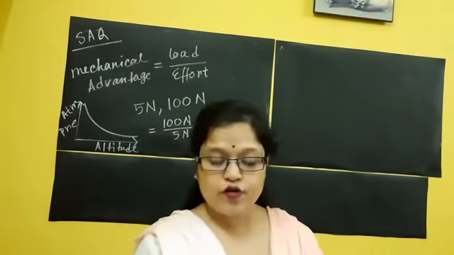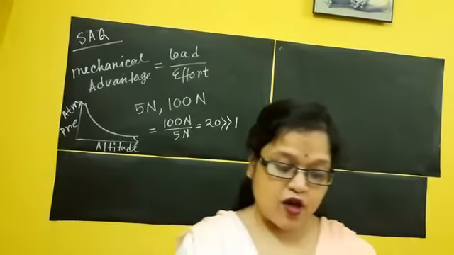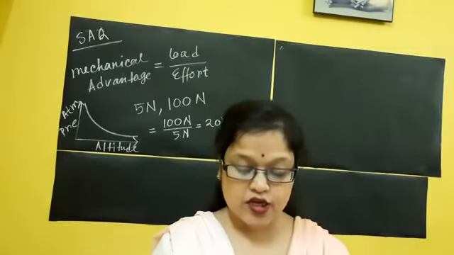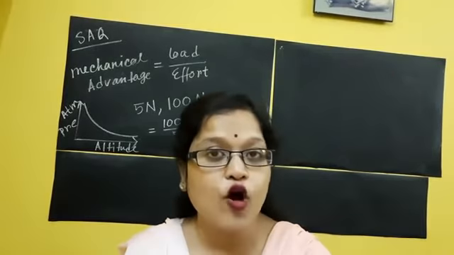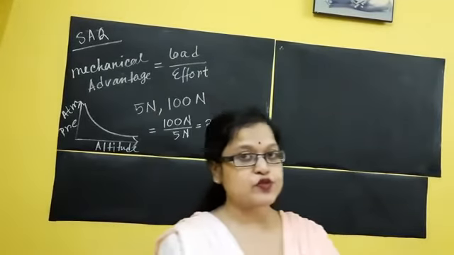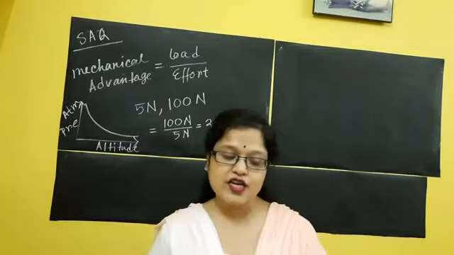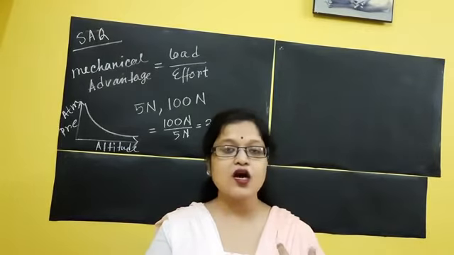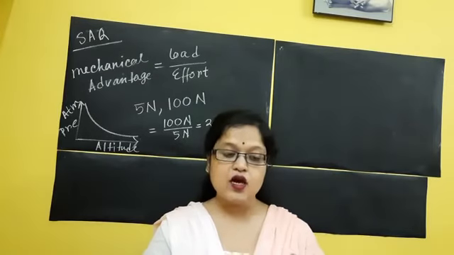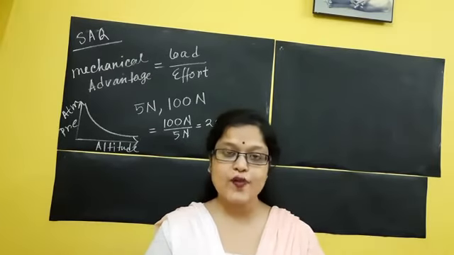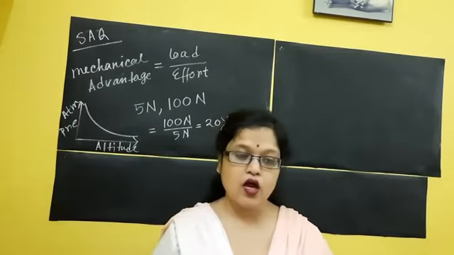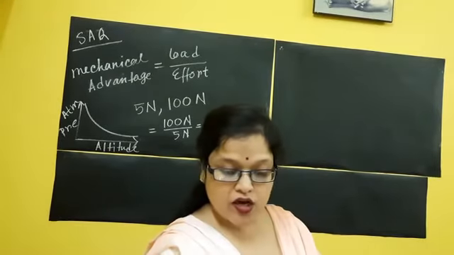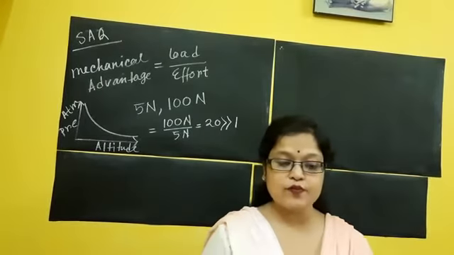Now question number 5: how many types of barometers are there? As I told you, the structure of all barometers is not needed, only the types. There are 3 types of barometer: simple barometer, Fortin barometer and Aneroid barometer. Now number 6: the machines which work on the principle of force multiplier.